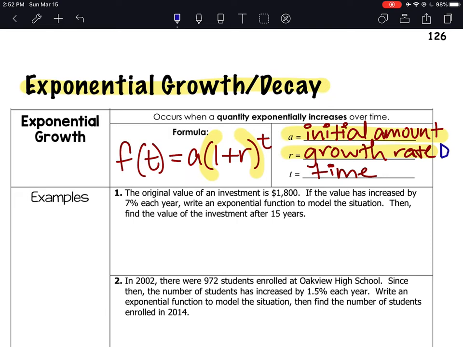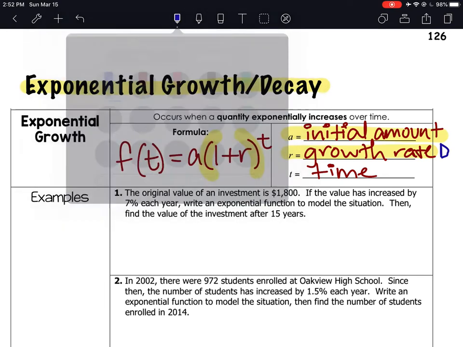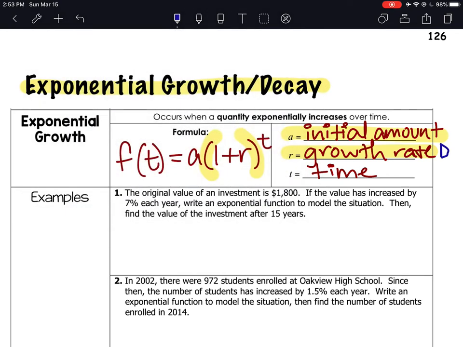And then time, which will be given in years. So what's interesting about the inside of this parenthesis is that the base of the t, when you're looking at it as an exponential function, is greater than 1. And that's how you know that it is exponential growth.